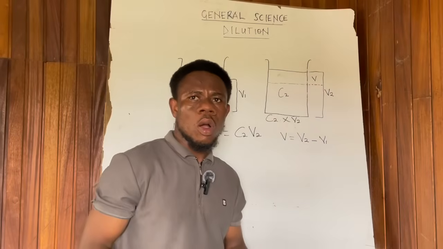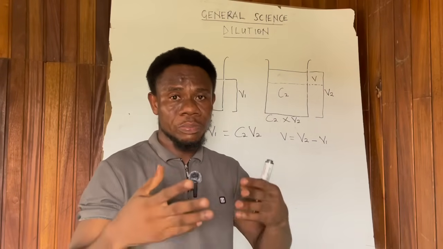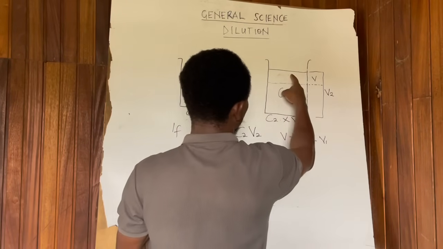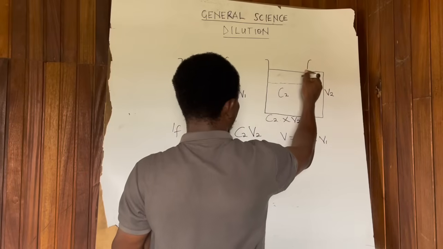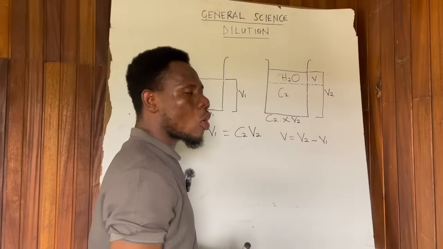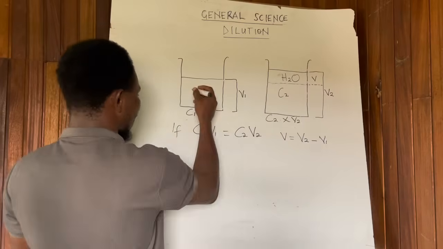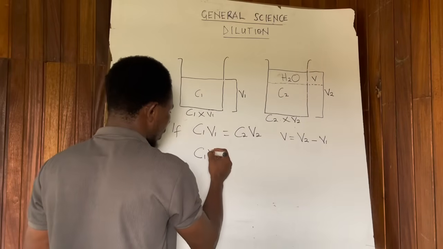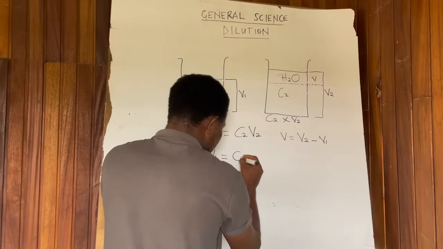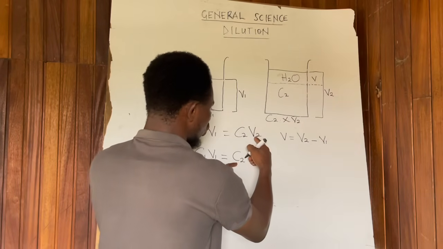Now, someone can also use another formula to find the amount of water which was added. Let me say this is the amount of water which was added, H2O. Now we are saying that C1V1 is equal to C2V2. I can also say that C1V1 is equal to my C2 multiplying my volume 2, right?